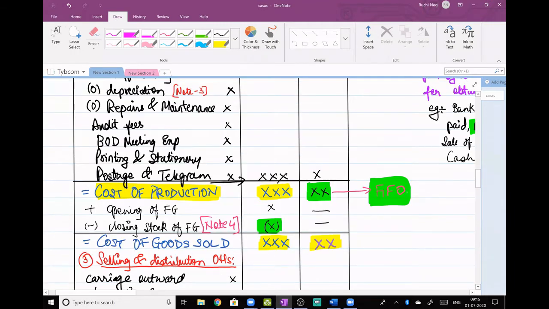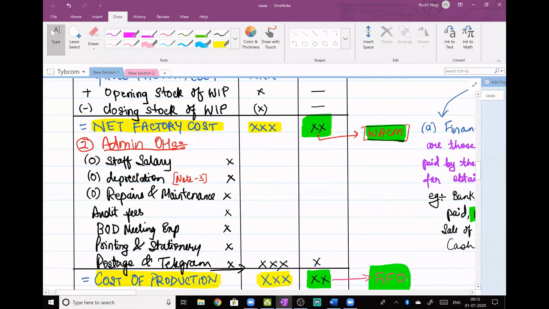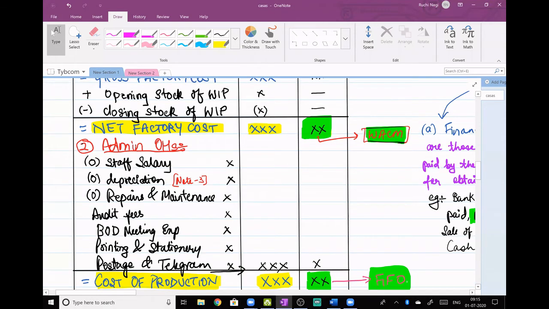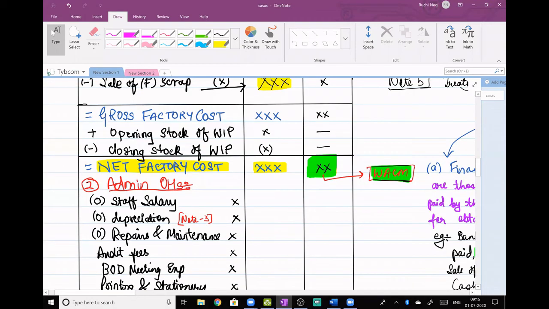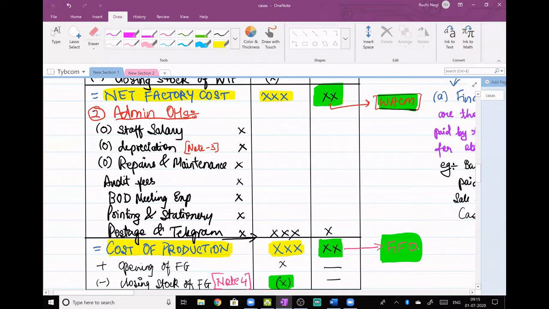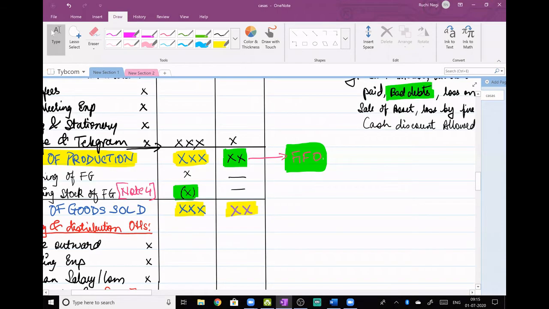The other method is the weighted average cost method. In that you will consider net factory cost per unit, the one I've highlighted in green. You multiply that rate with the closing stock quantity and we get closing stock in rupees. Clear?